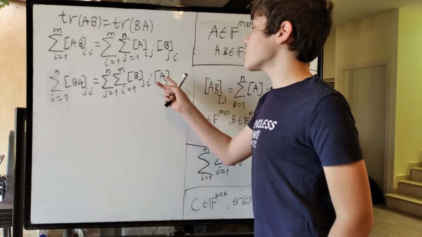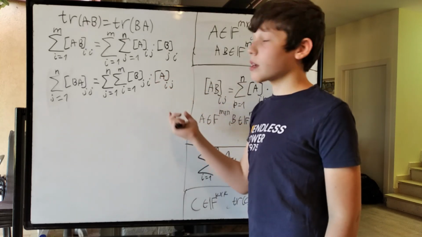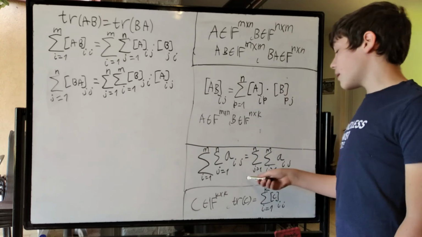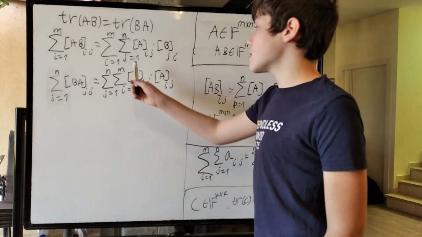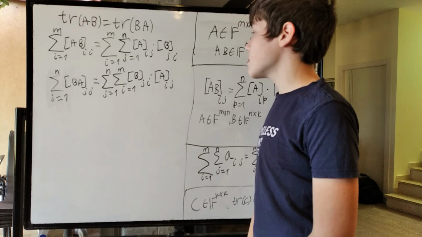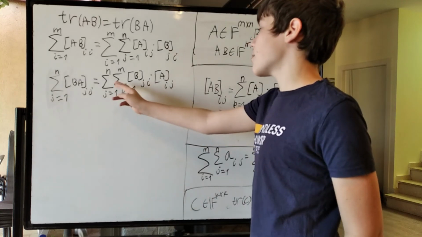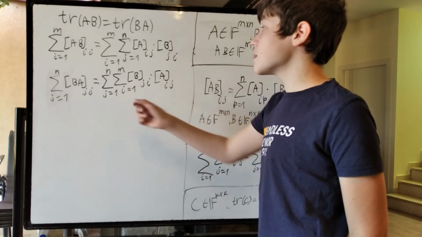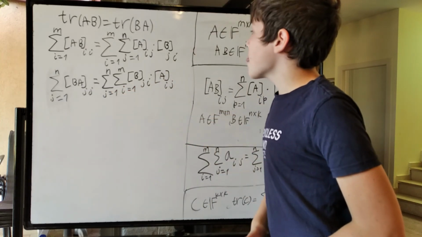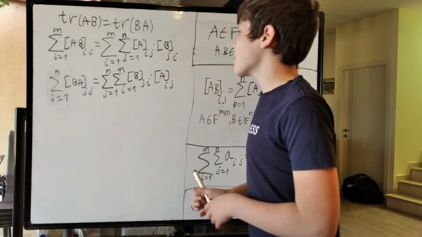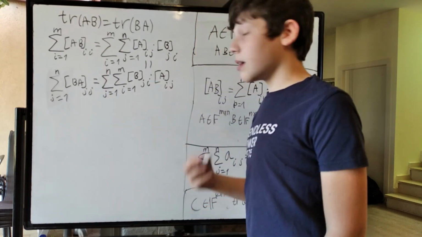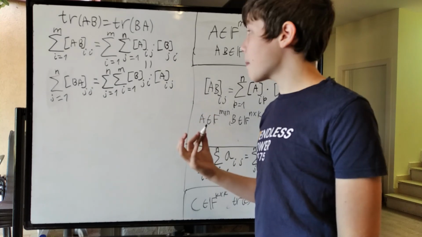So these are scalars, so we can swap the product around. And remember, by this property, we can swap these sums around. If we swap here the sums around and these terms around, we get the exact same thing. So we actually know that these are the same thing.